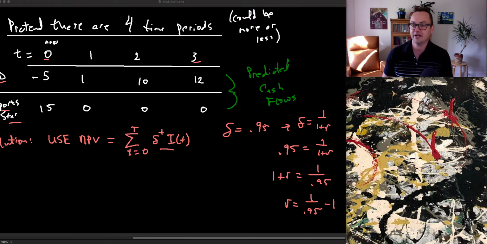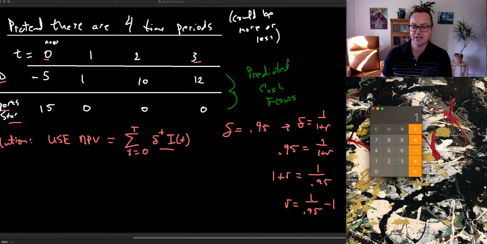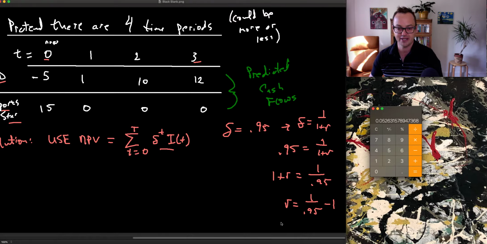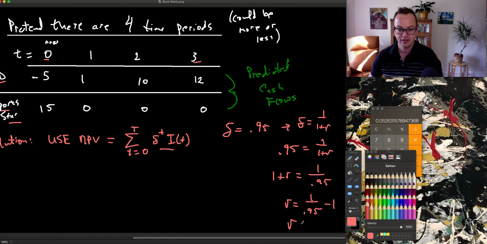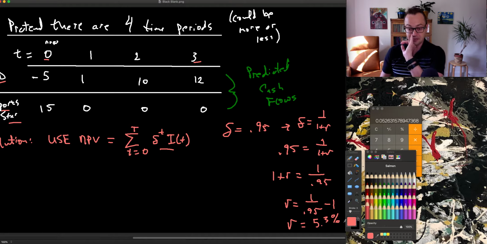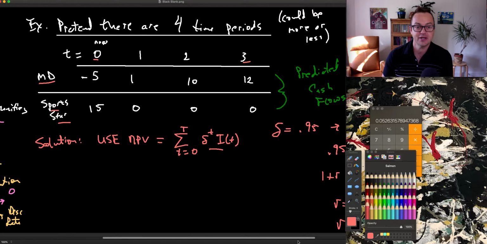If I bring my calculator over here, I can do 1 divided by 0.95 minus 1. 0.053. So my rate here is equal to 5.3%.